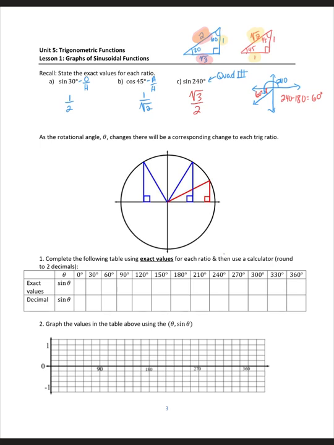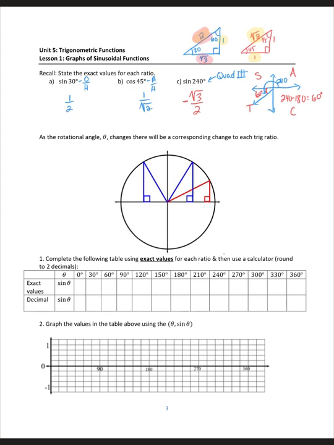So if we think back to our CAST rule, C-A-S-T, only my tangent is positive in that quadrant. So that means we're going to have a negative ratio for sine. So it's important to be able to remember where we get those exact values from as we start looking at a sine and cosine function.